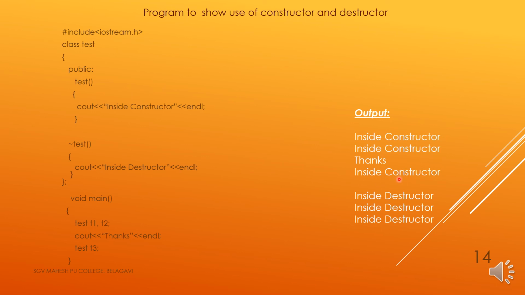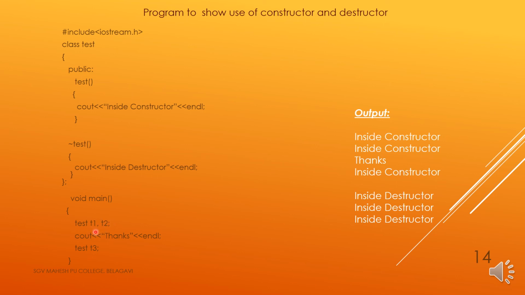Now when you call a constructor, it's always based on how you have created an object. For example here I have created t1, t2, then t3. But while destroying the objects, it destroys in reverse order. First the t3 object will be destroyed, then the t2 object, then the t1 object.